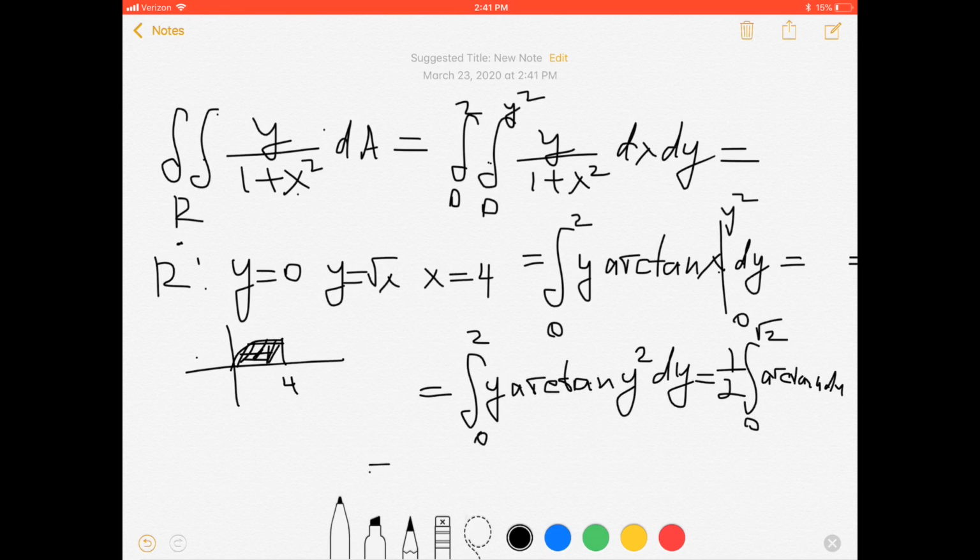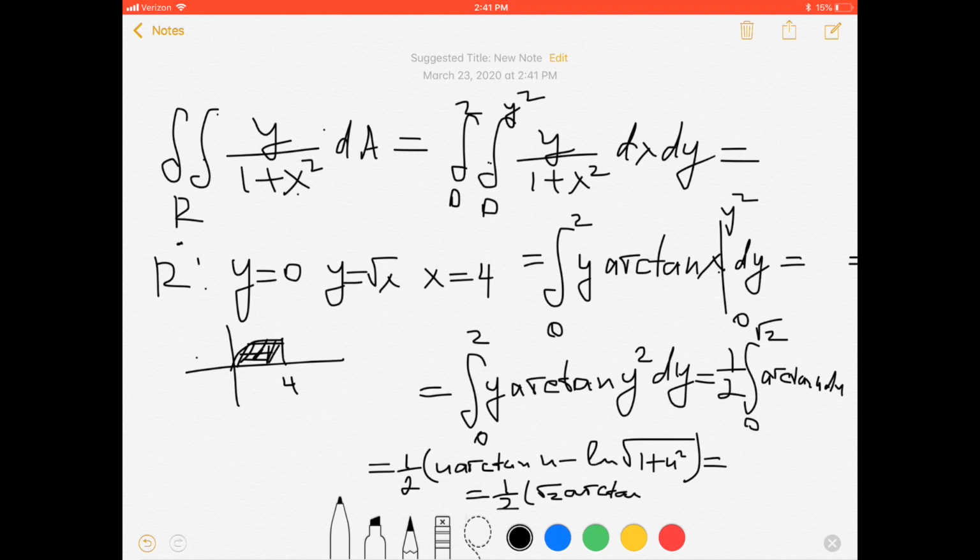After integrating, I skip this part because you remember it will be integration by parts, and here it will be u arctan u minus ln square root of 1 plus u squared. Plugging in your numbers, it will be 1/2 square root of 2 arctan square root 2 minus ln square root of, okay, 2 plus 1, this will be 3.